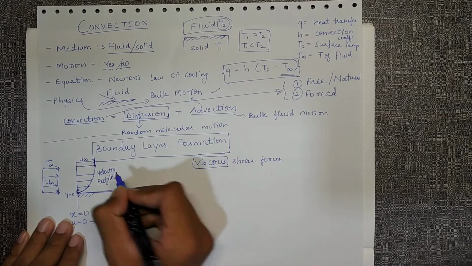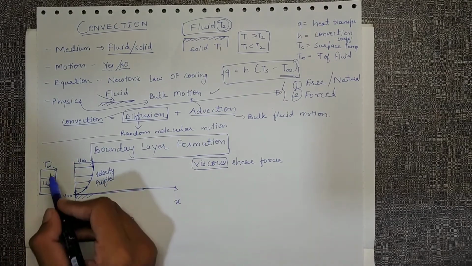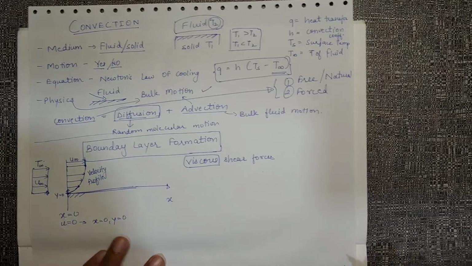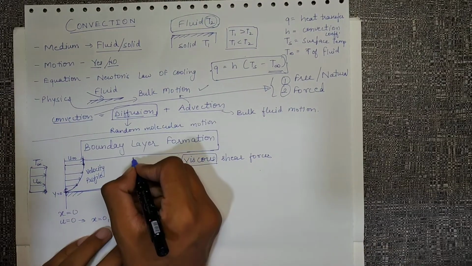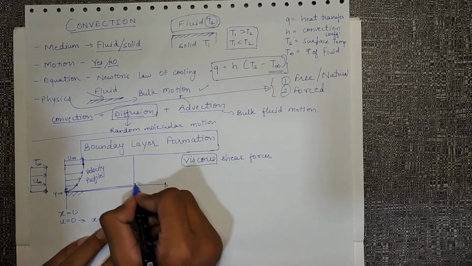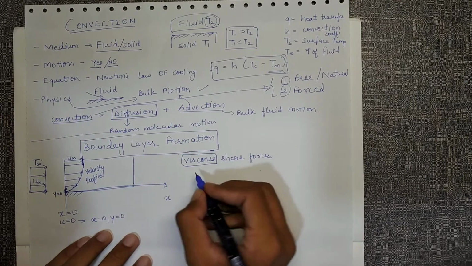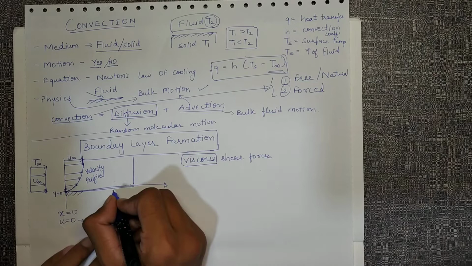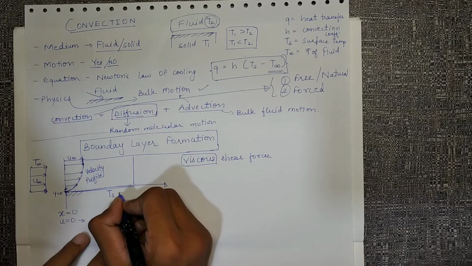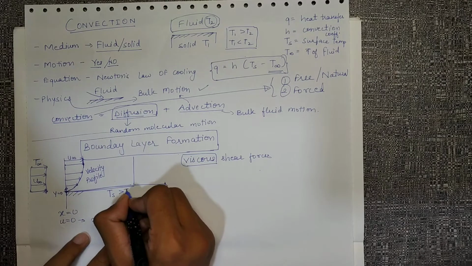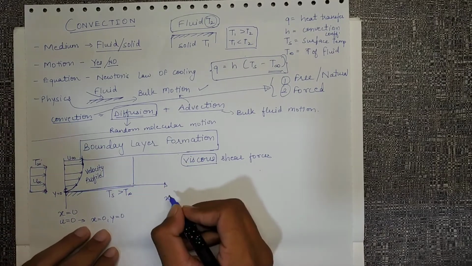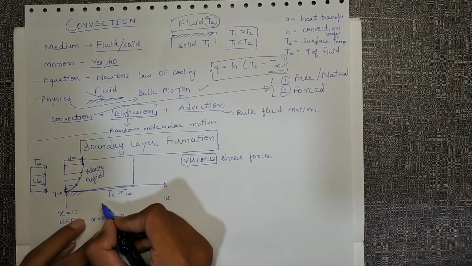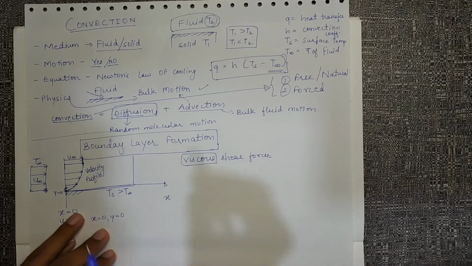So now let's look at the temperature profile. Before, the temperature was also uniform, but now let's look at the temperature profile also. At the surface, let's assume the surface temperature was Ts, which was greater than T infinity. So that means heat will be transferred from the surface to the fluid.